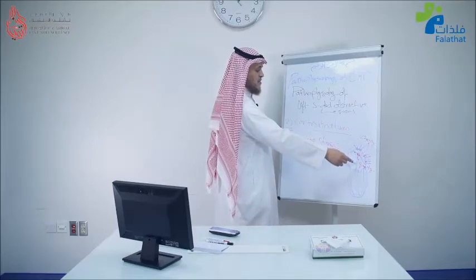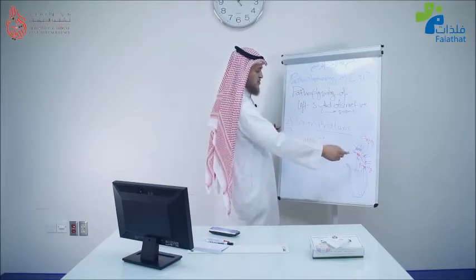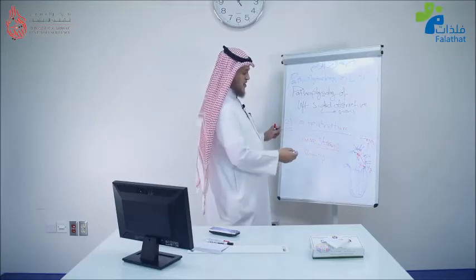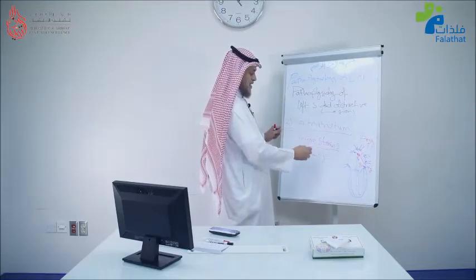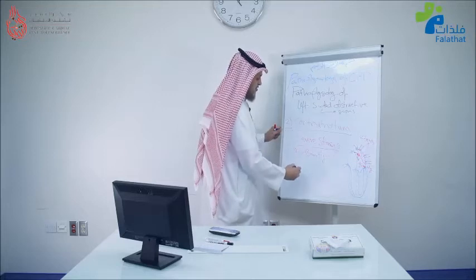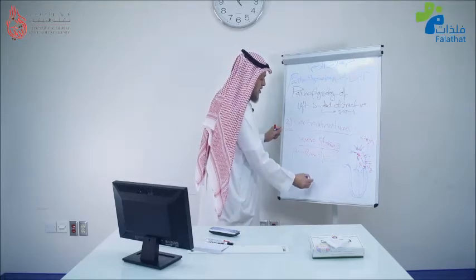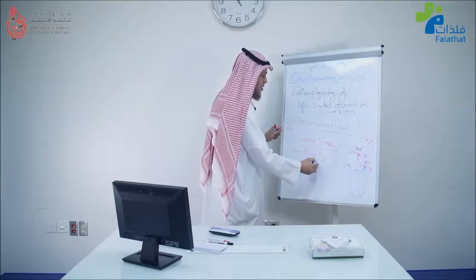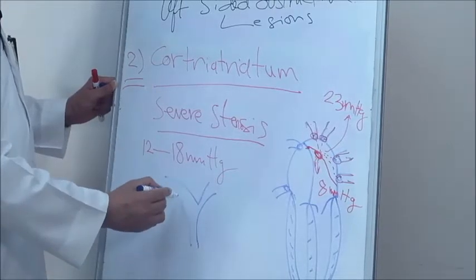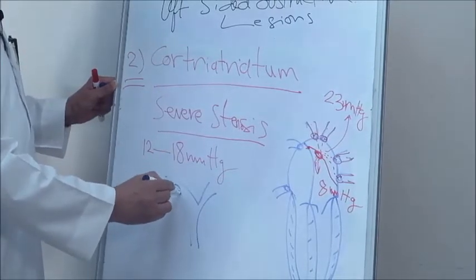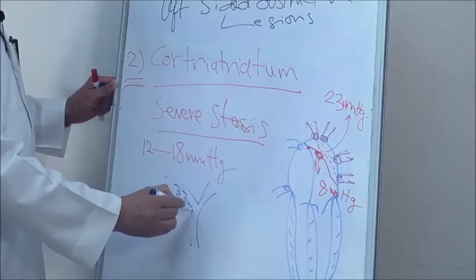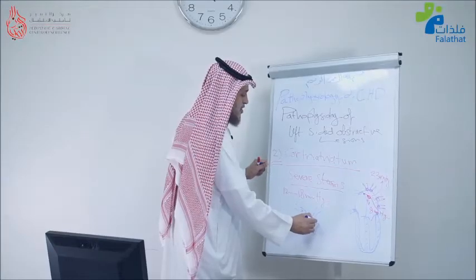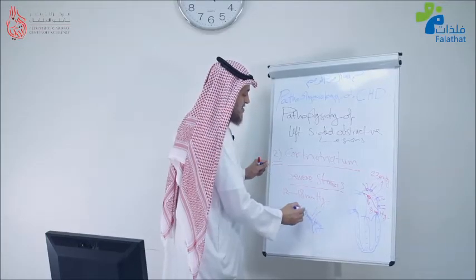So if we add the difference, which is 15, to a normal pulmonary artery pressure of 18, that will give us a mean pulmonary artery pressure of around 33 millimeter mercury.